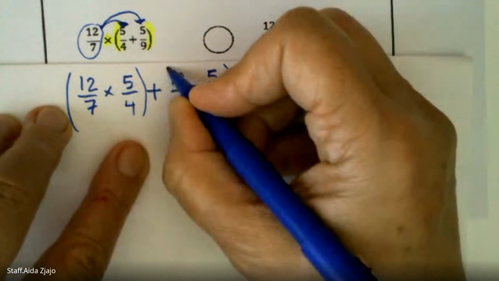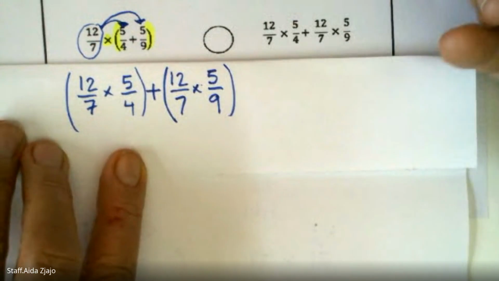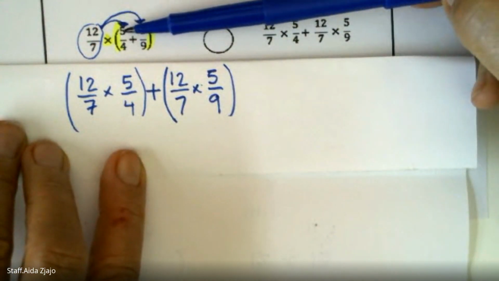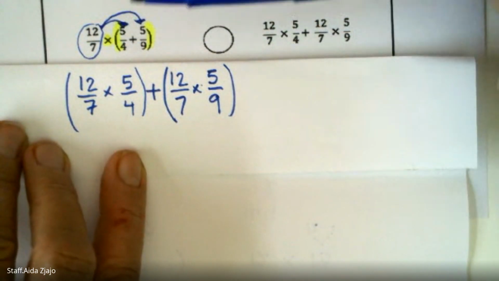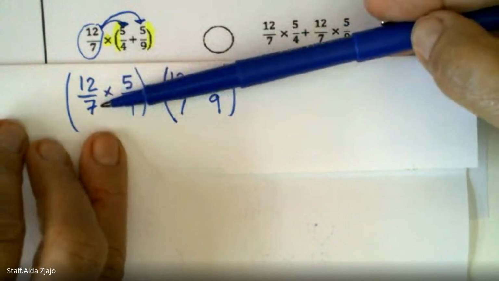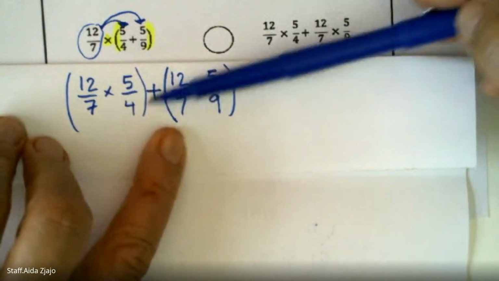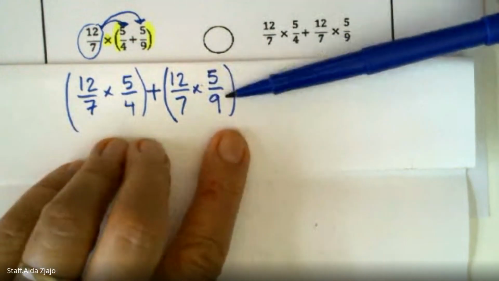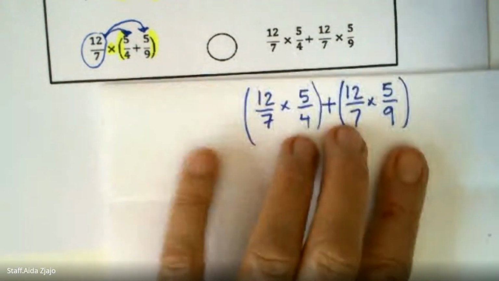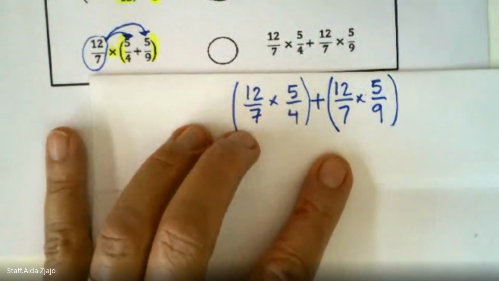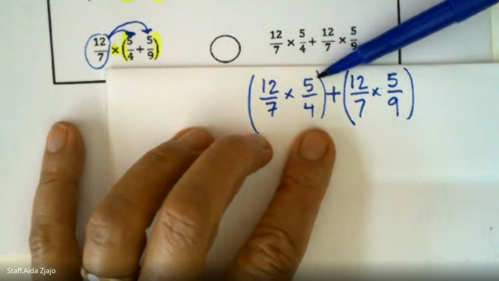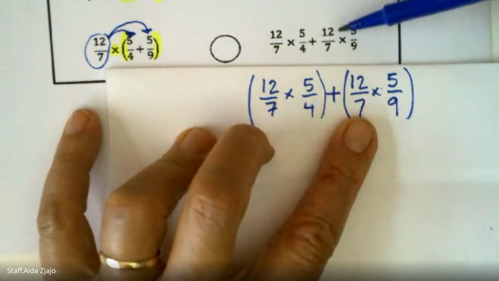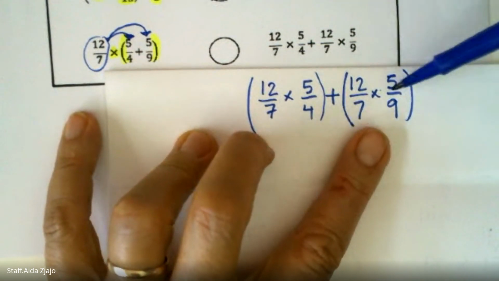Distributive property of multiplication, that you can multiply this part with a factor and then this part with the factor. So 12/7 times 5/4 plus 12/7 times 5/9. When you look back to this, you can see it's the same 12/7 times 5/4 plus 12/7 times 5/9.